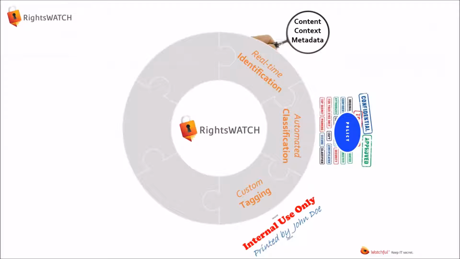Watermarking can be tailored to your liking. You can use different type styles, font sizes, colors. You can use custom watermarks across the header, the footer, or the body of the content, or you can use images as well.